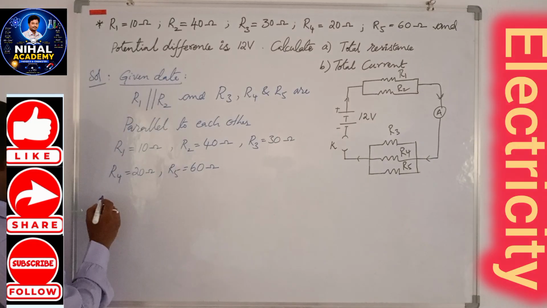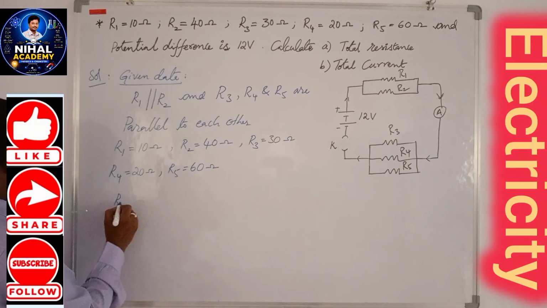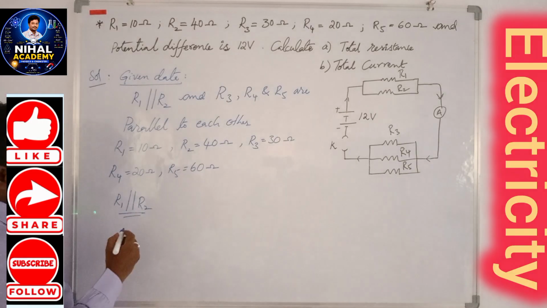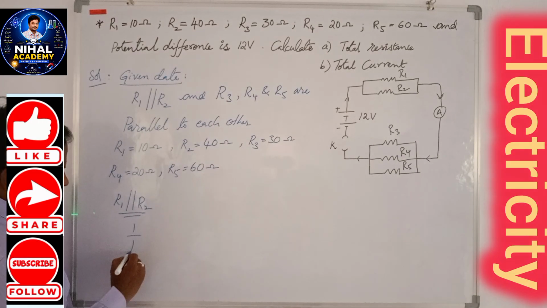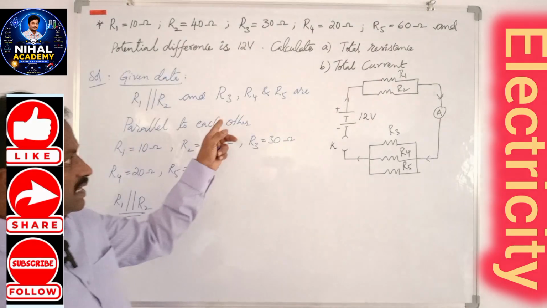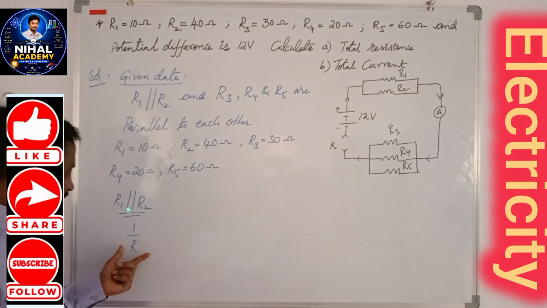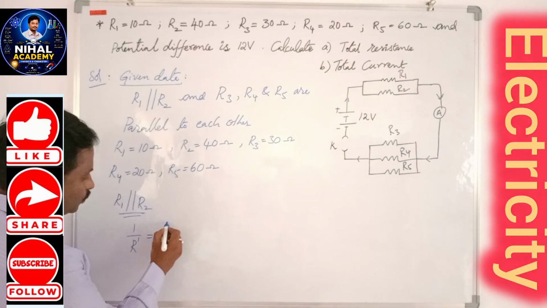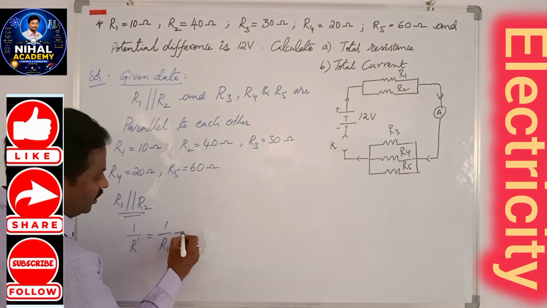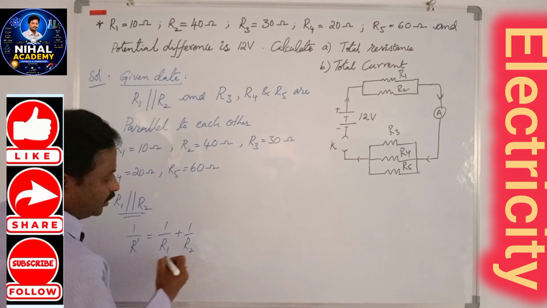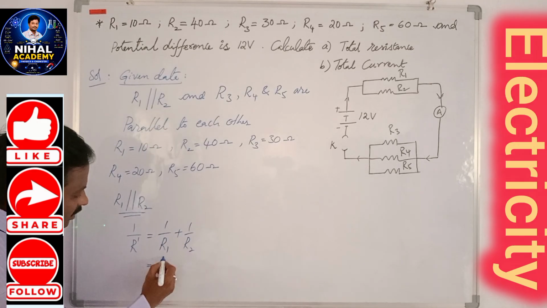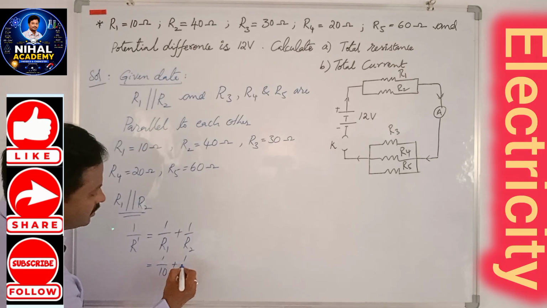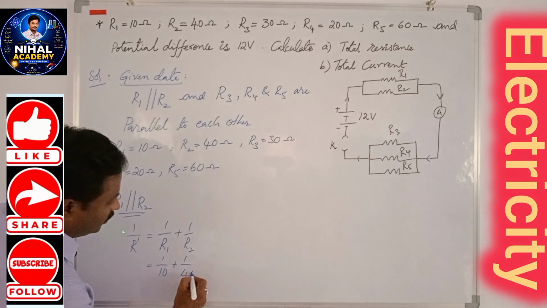Now we will take the first case, that is R1 parallel to R2. In the resultant formula, there are two resistances in the parallel connection. So this resultant we will consider as R dash. So 1 by R dash is equal to 1 by R1 plus 1 by R2. Now substitute the values. 1 by R1 is 10 plus 1 by R2 is 40.